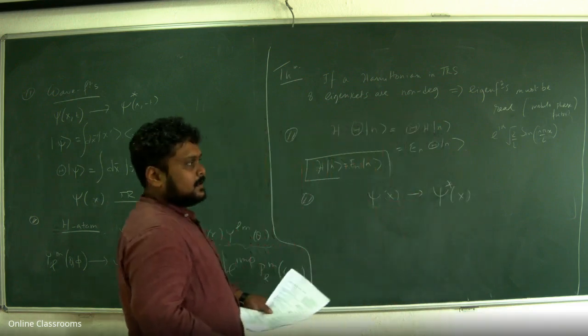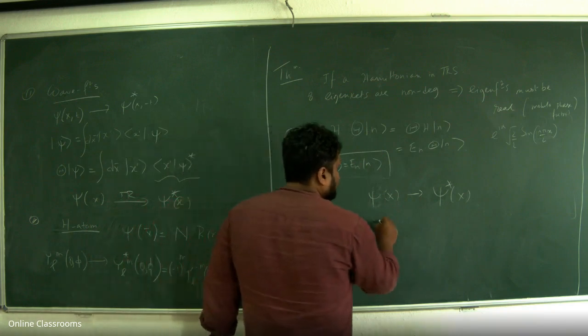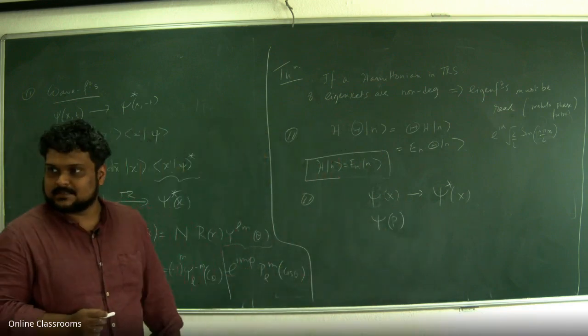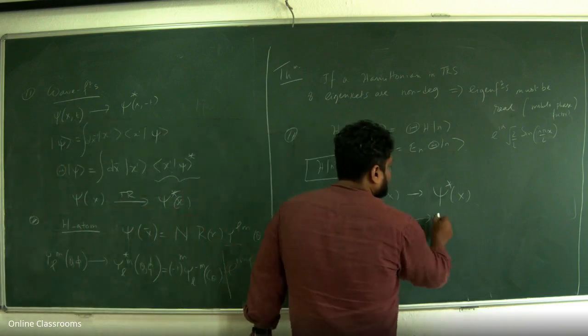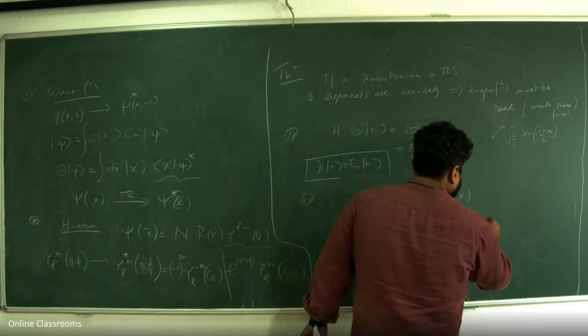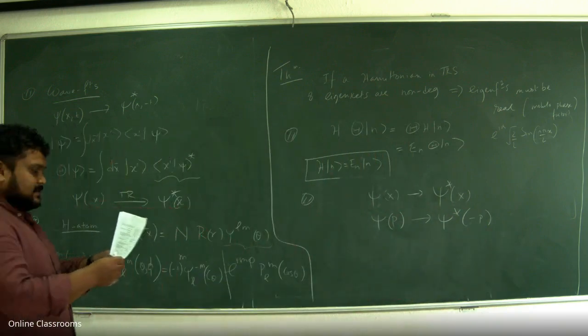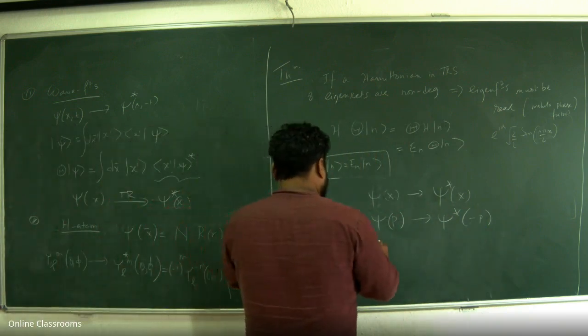Now what will you do if you have a wave function in momentum space? What you have to do is this, and that's very easy to see. All you have to do is this.